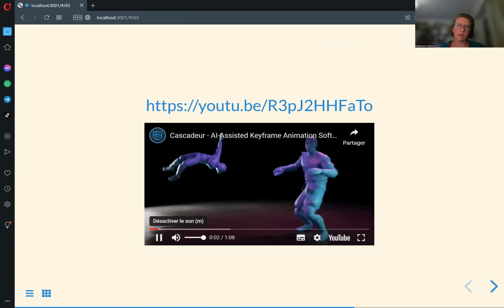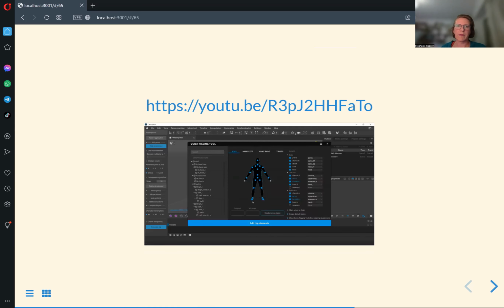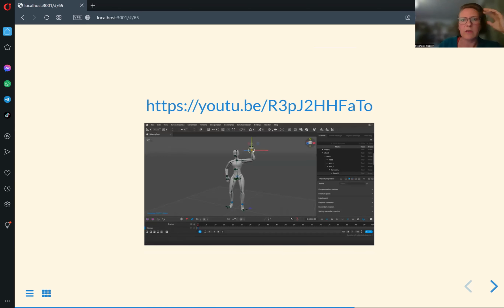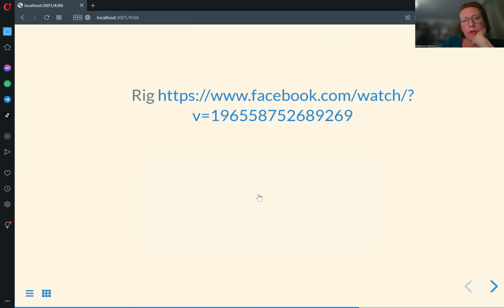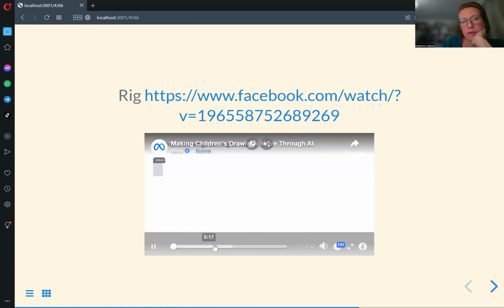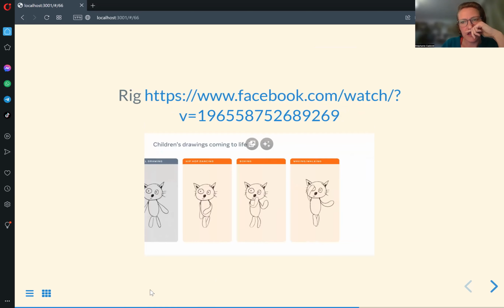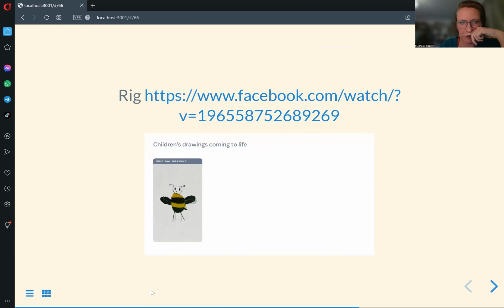So you do the keyframes and the interpolation is made with a physics engine, which is pretty genius actually. And that could probably be used for puppet 2D animation, since we can now pretty easily rig 2D sketches with AI.